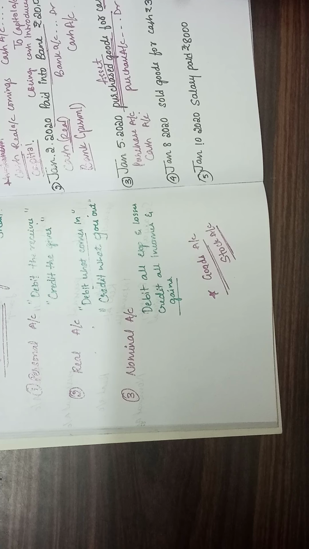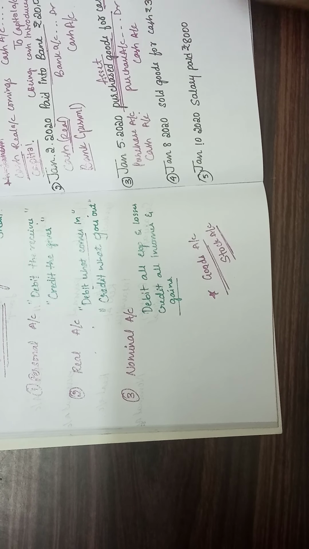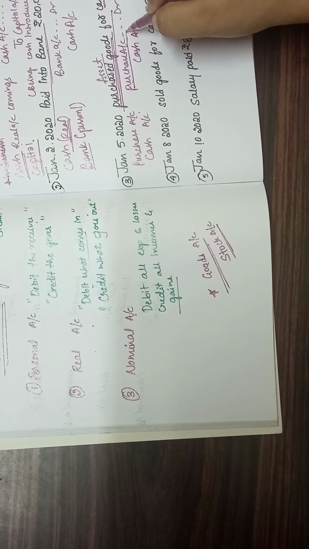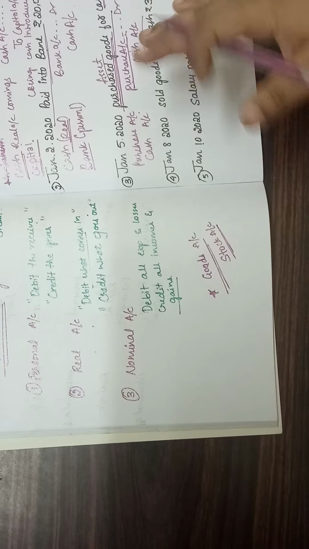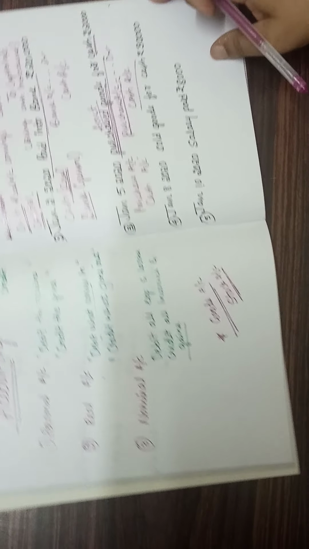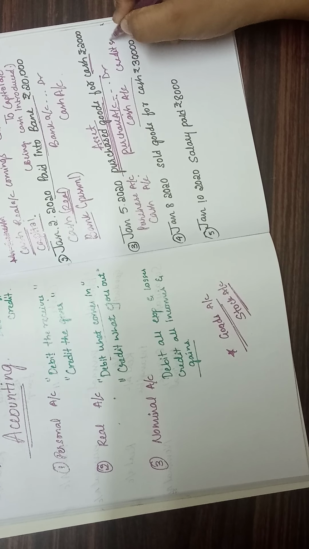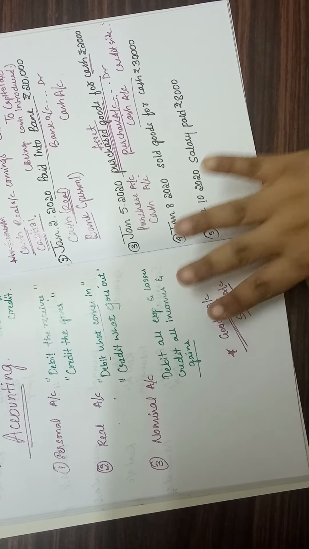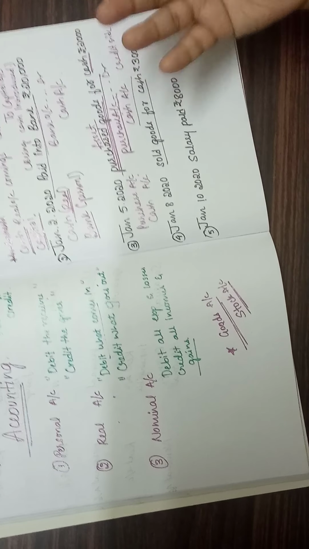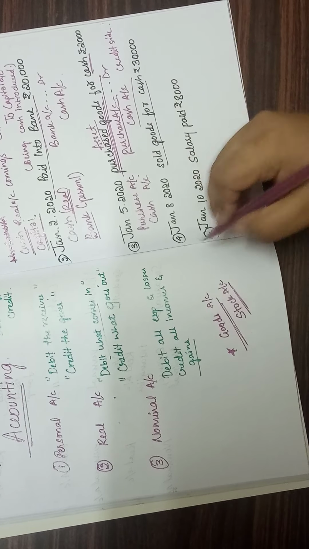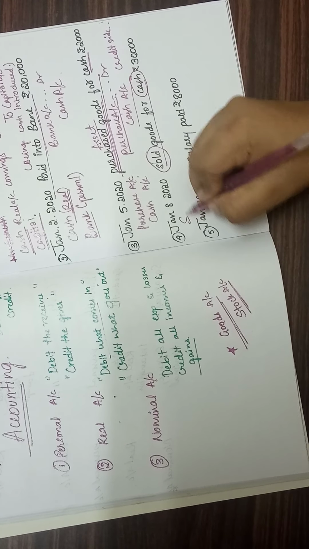So what is going out? The cash is going out. For the goods we have purchased, we have paid some money, that is cash, going out from our business. So we write cash account on the credit side. Now the fourth one: sold goods for cash. There are two accounts, sale account and cash account.